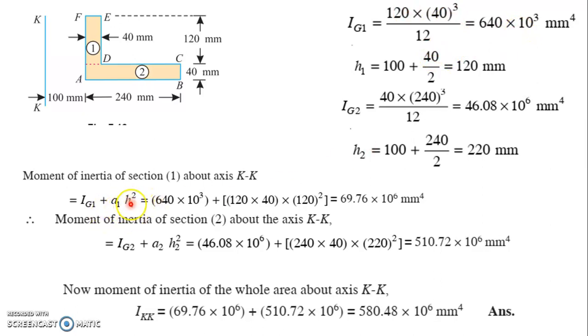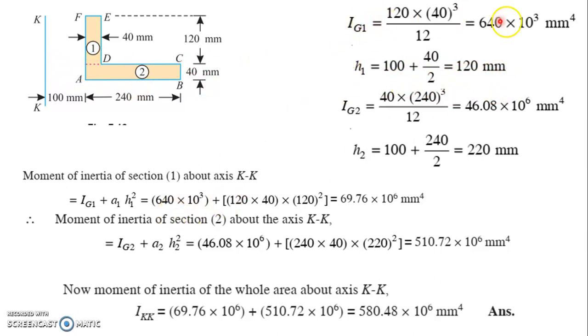And H is the distance from the axis to the center of the section. So from K up to the starting of the section, we have 100 mm, and the total width of the section is 40 mm. So up to the centroid it will be 120 mm. 100 plus 40 by 2 will give us 120 mm.